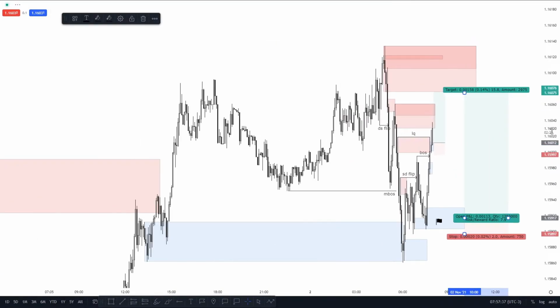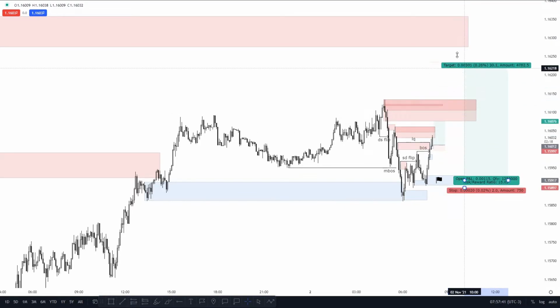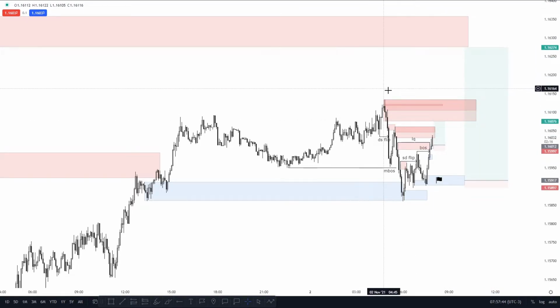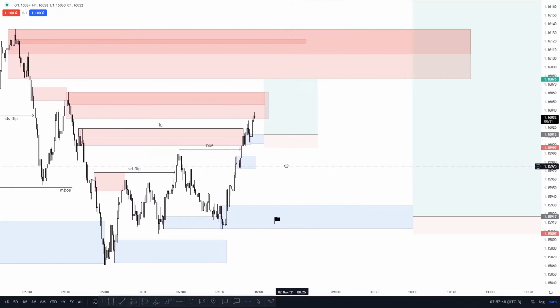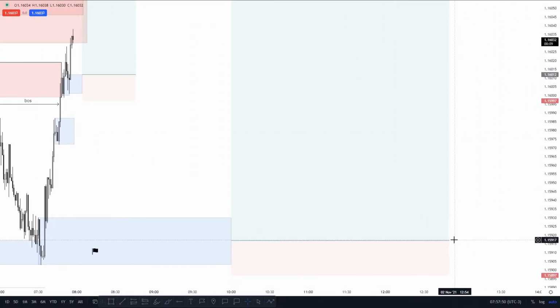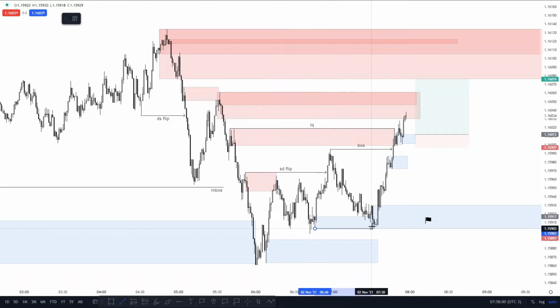Depending where price comes from, we either want to take a high or we want to go all the way up here. That's something that we'll decide in the moment. But this is something that I definitely want to consider. Not right now, right, because price is pretty far away, but that area, in my opinion, is really strong. We do have some liquidity here though.